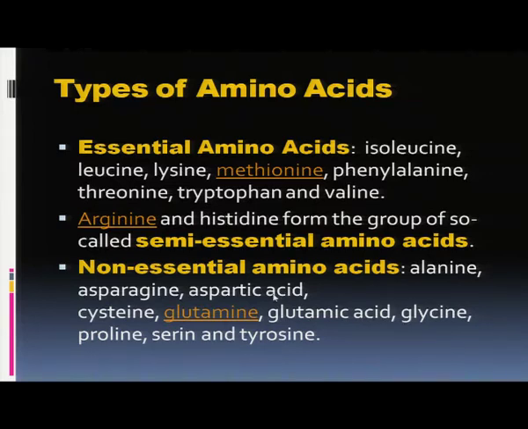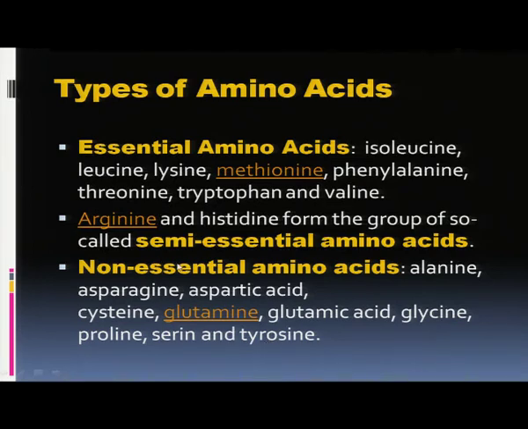Non-essential amino acids means they are not taken up from the food, they are synthesized by our cells only, and these are alanine, asparagine, aspartic acid, cysteine, glutamine, glutamic acid, glycine, proline, serine and tyrosine.